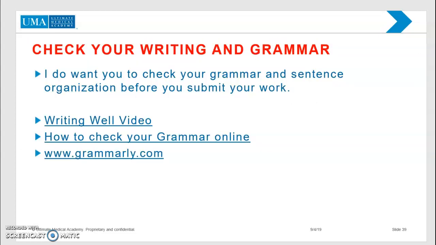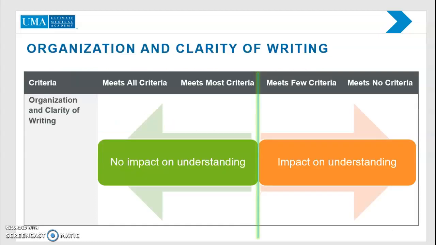I always post these on my discussion posts, so please use them to check your grammar and check your writing, and there's a tiny video here which shows you how to do all of that together. Again, this is organization and clarity. Remember how you're trying to have an impact on understanding and no impact on understanding.